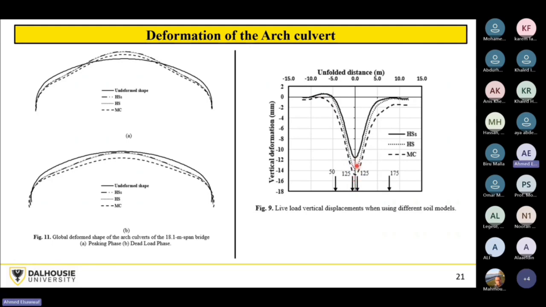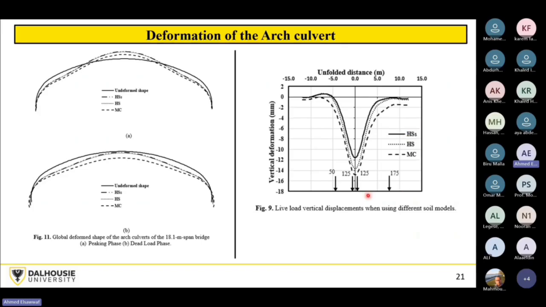There is quite a level of error between the HS and the HSS model, and this is easily attributed to the incorporation of the large shear modulus at small strains in the HSS model.